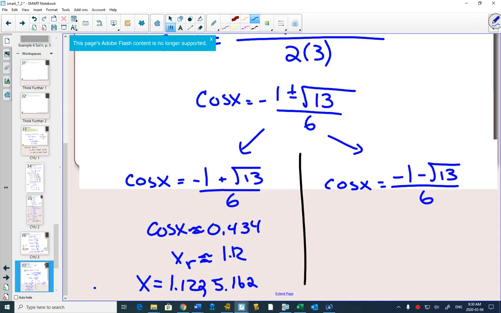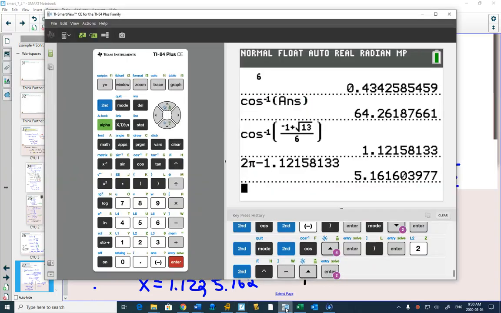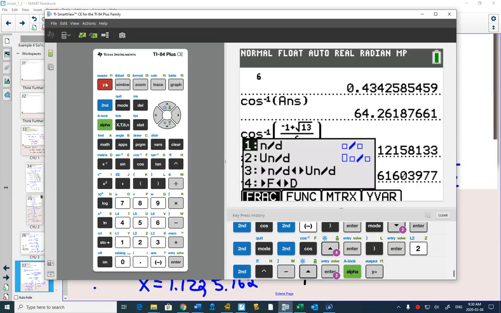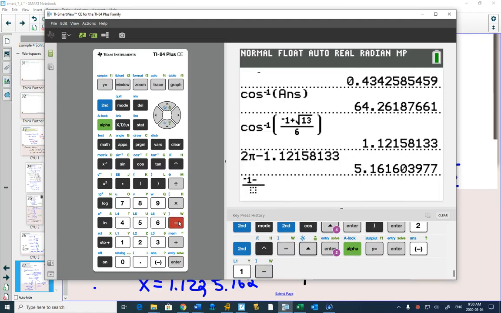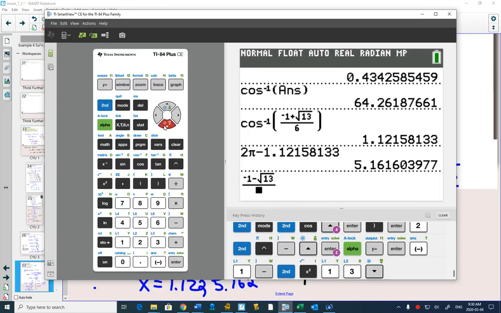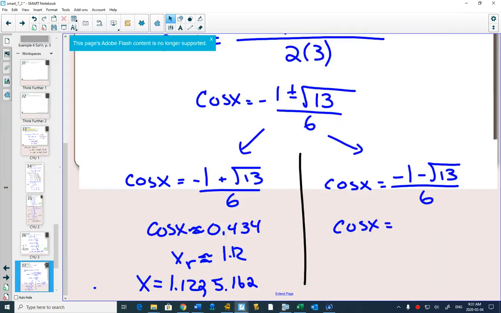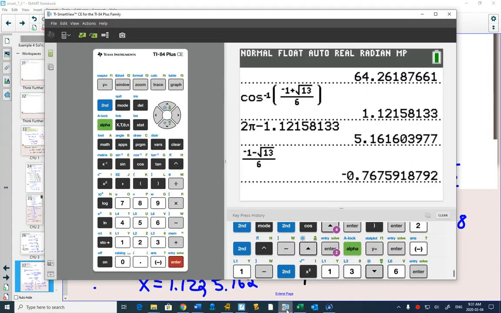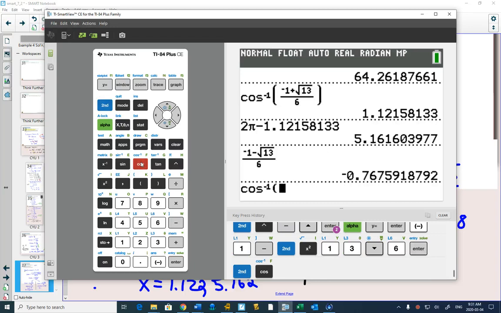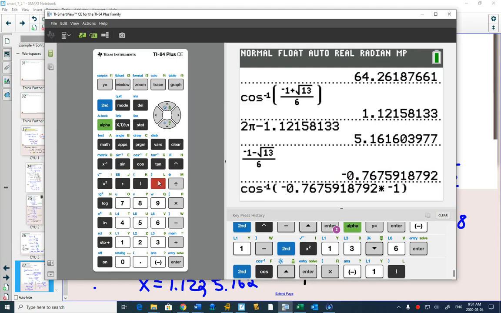The second equation, type this into my calculator. Negative 1 minus the square root of 13 divided by 6 is negative 0.768. Find my reference angle by taking this value, but I need to make sure it's a positive answer, so I'm just going to multiply it by negative 1.